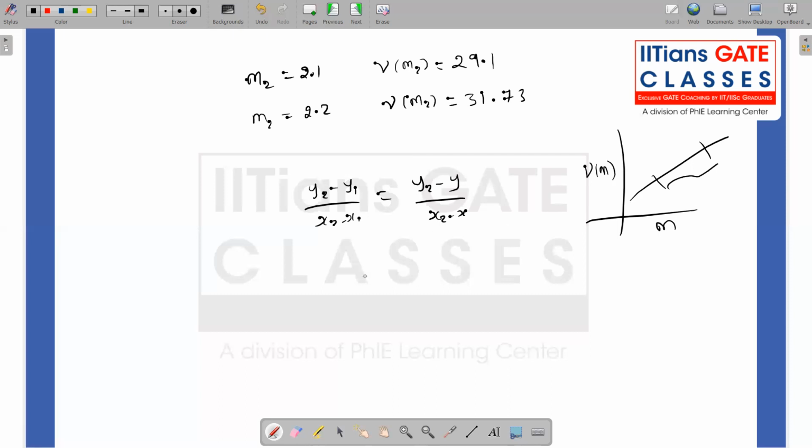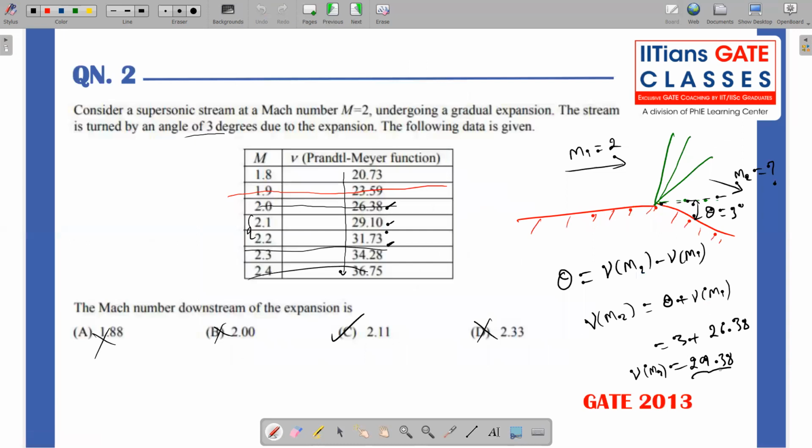So in this case, I have (2.1 minus 2.2) divided by (29.1 minus 31.73) should be equal to (2.1 minus unknown Mach number M2) divided by, corresponding to 2.1, I have 29.1 minus the mu of M2 we calculated from our problem, that is 29.38.